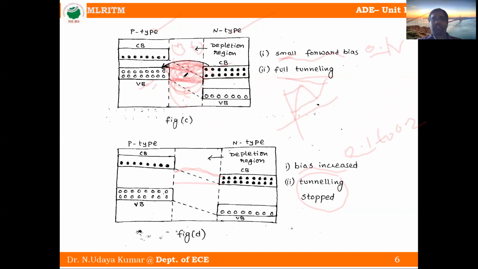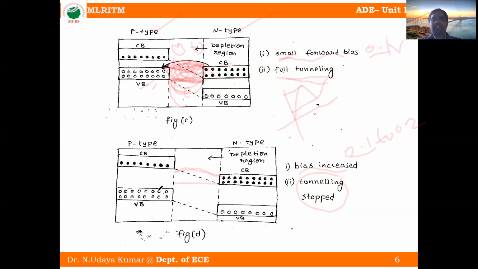Because of full tunneling, more current occurs up to a peak point. The peak point current we call the peak current, and the corresponding voltage the peak voltage. Again we increase the forward bias from 0.1 to about 0.2, so the conduction band moves further upward.